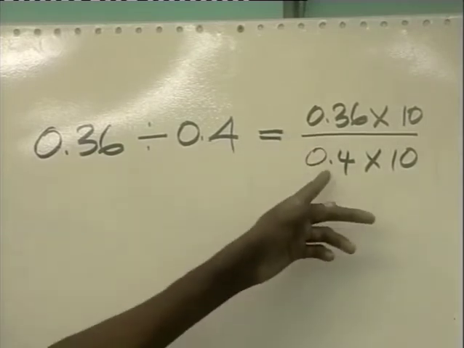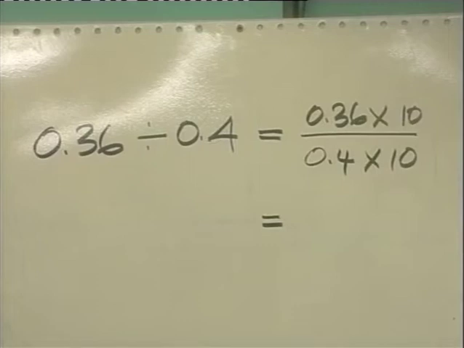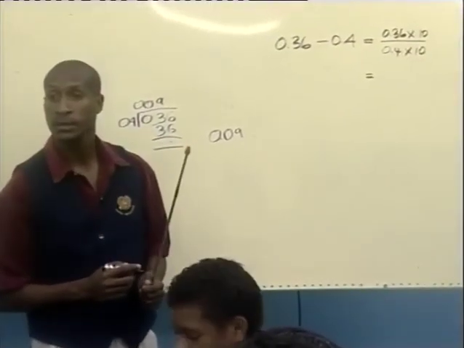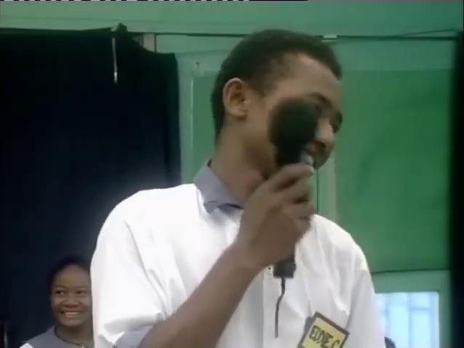When you multiply the divisor by 10, what do you get? Eddie? 0.4 multiplied by 10 equals 4 as a whole number. When you multiply 0.4 by 10, what do you get? Move the decimal place to the right, means you get a 4. Yes. Okay, good.